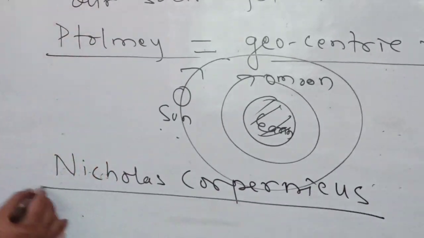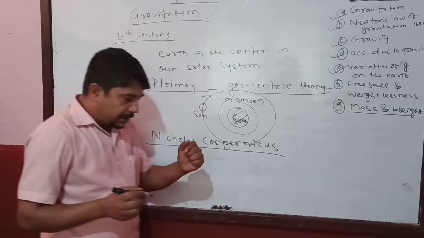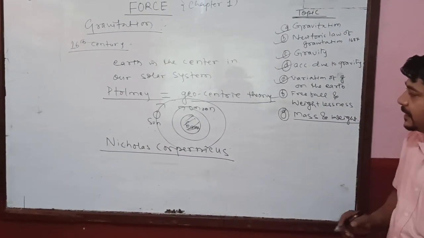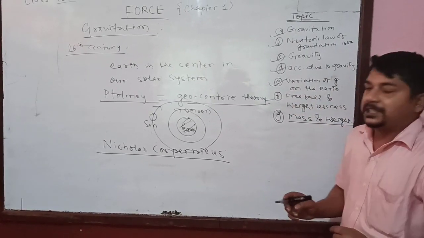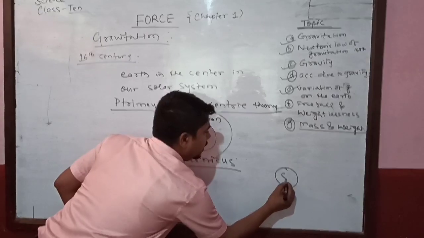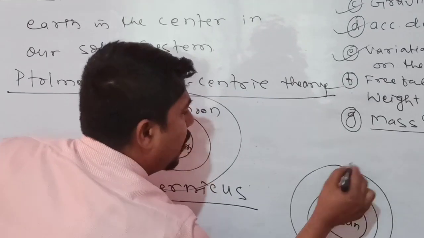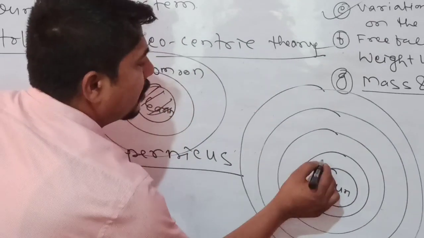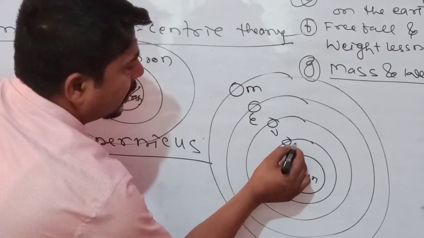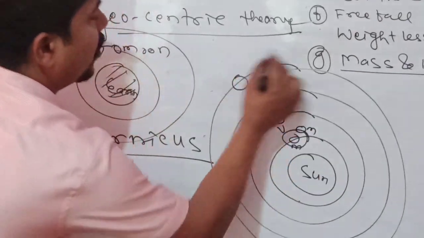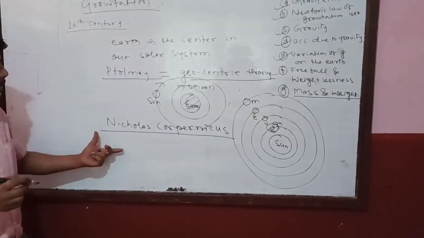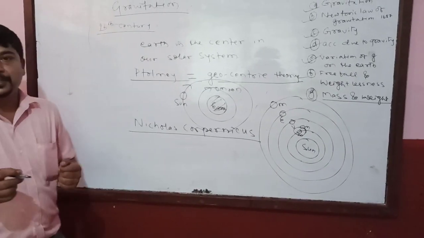Nicolaus Copernicus was the first man to confirm that Earth is not the center of the solar system, rather Earth is one of the components of the solar system in which Sun is the center, and other heavenly bodies, that we have in the model of the solar system, that is Mercury, Venus, Earth, Mars, Earth, around the Earth the moon also exists, these all etc. The present day solar system model was given by Nicolaus Copernicus in the 16th century only.